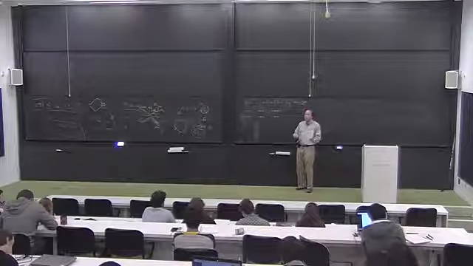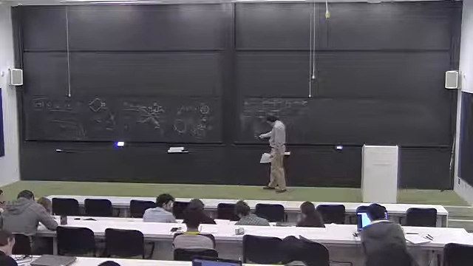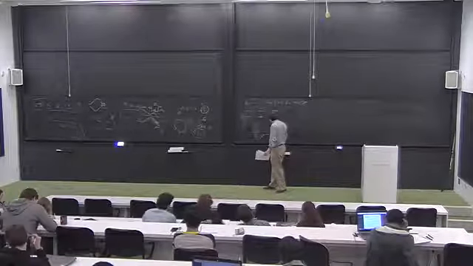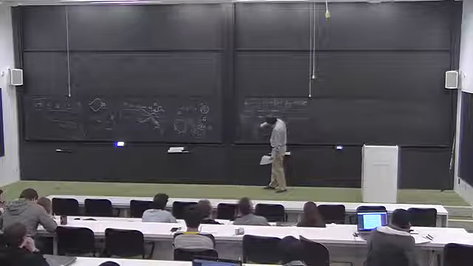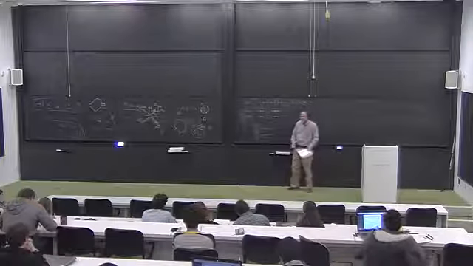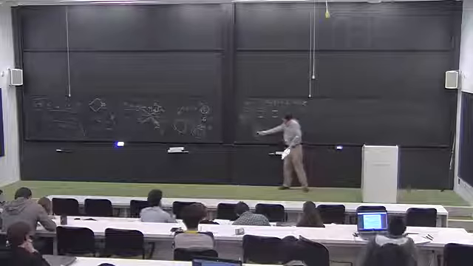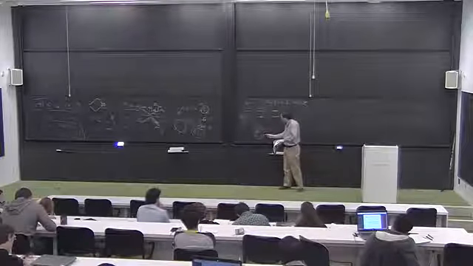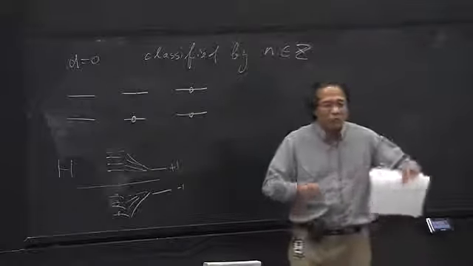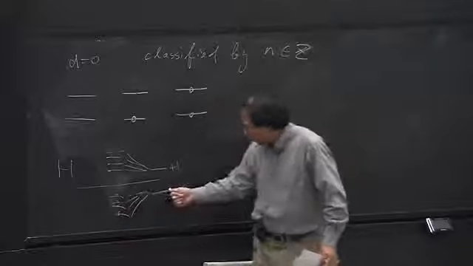Without losing generality, we can deform all the energy levels below the gap into -1, and all the levels above the gap into +1. You can massage the Hamiltonian to do the deformation. As long as the gap never closes, we still belong to the same class, because here we are only interested in the class. So without hurting anything, we can collapse all the levels into -1 and +1.